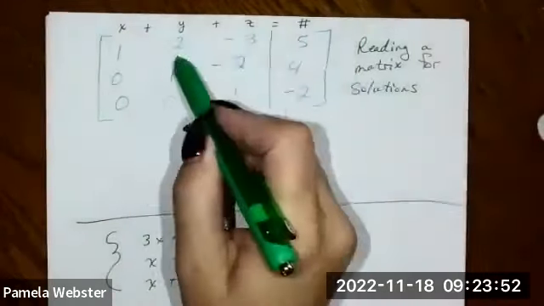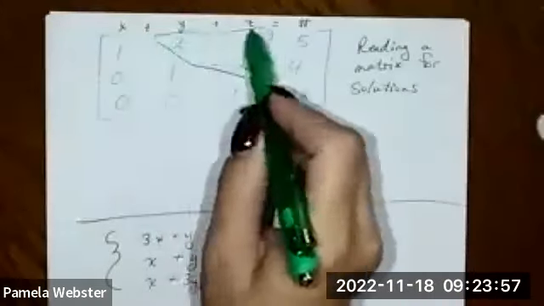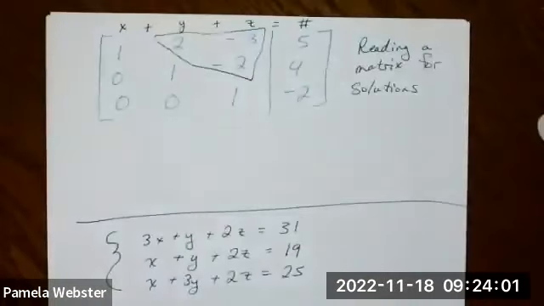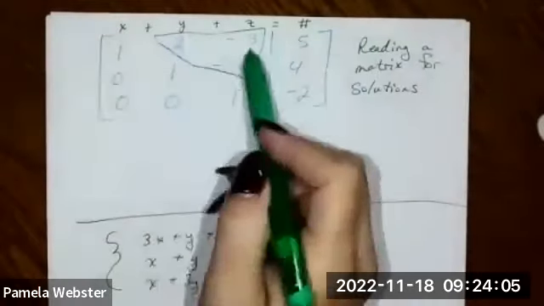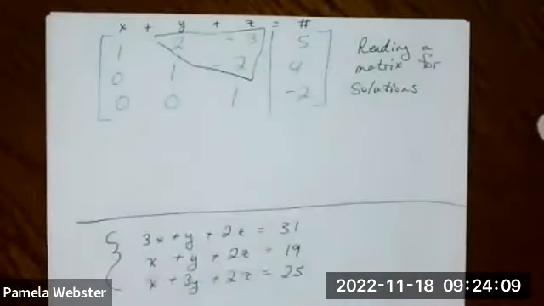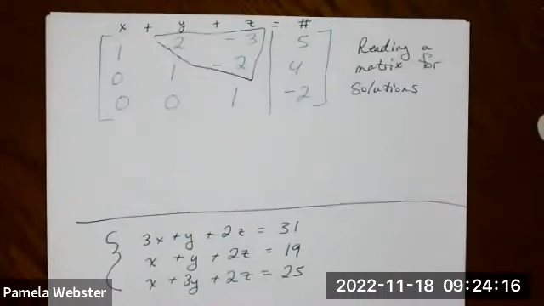But if you really wanted to get really crazy with it, you can make all three of these numbers also be 0 by operating off of the other ones. And then if these were zeros, you'd have x equals 5, y equals 4, z equals -2. You'd be done. You'd have your complete and total solution there. But that takes extra time to get those zeros in there, and we're probably not going to do that. So we're going to do just Gaussian elimination.